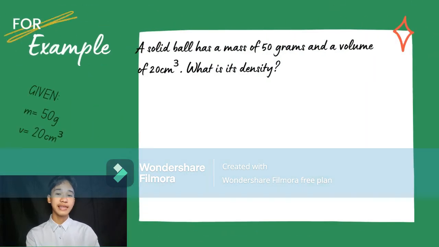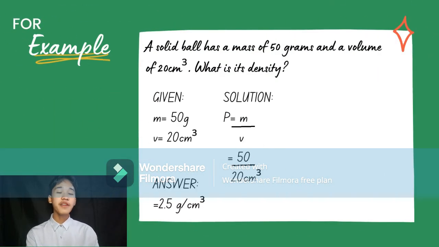Here's another example. A solid ball has a mass of 50 grams and a volume of 20 cubic centimeters. What is its density? The mass and the volume are already given: the mass is 50 grams and the volume is 20 cubic centimeters. To solve for the density, let us use the formula ρ = m/v.